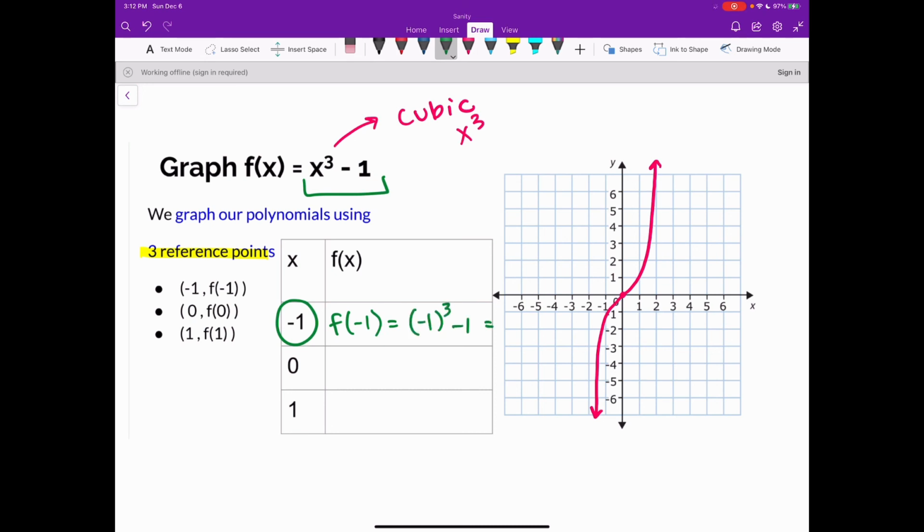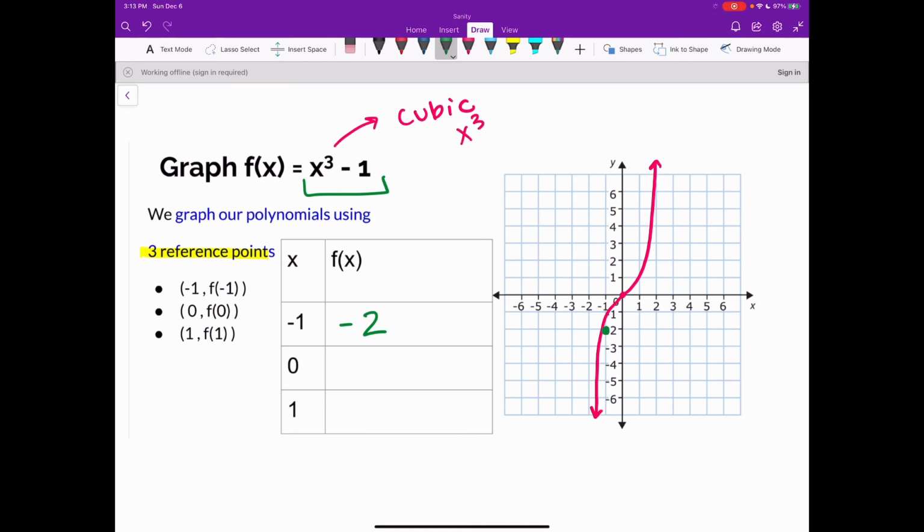Negative 1 cubed is negative 1 times negative 1 times negative 1, which in the end is just negative 1. So this is negative 1 minus 1, which is negative 2. Sorry, that was a lot. I'm going to back that up here. So my f of x value, the output, is just negative 2. And that's a point that I can graph. So negative 1, negative 2 right there.